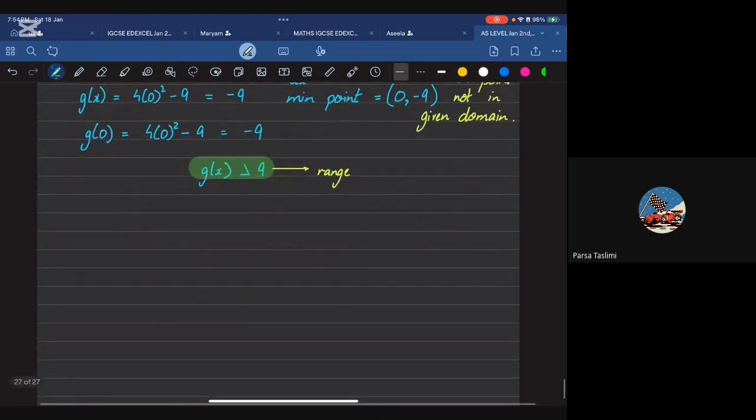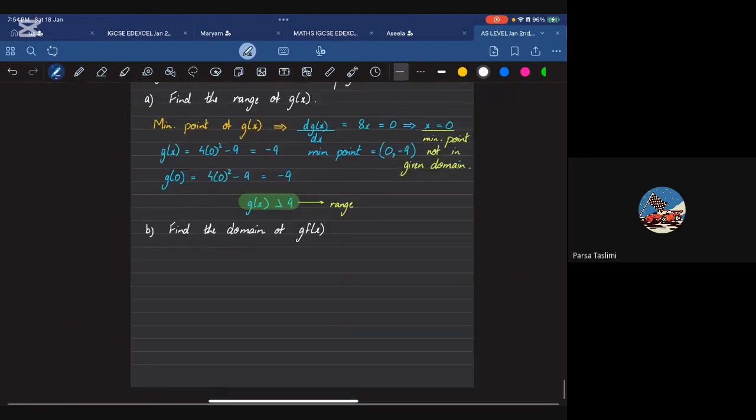Now, the second part of the question is the one that we're actually concerned with, which is the topic itself. Find the domain of g f of x.